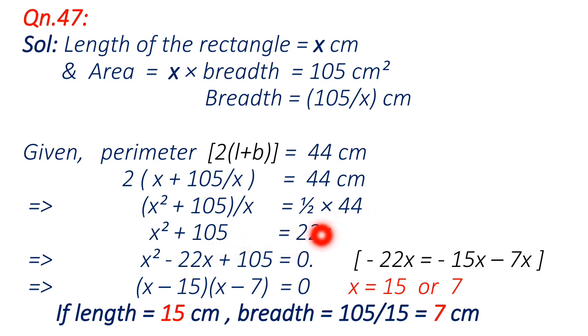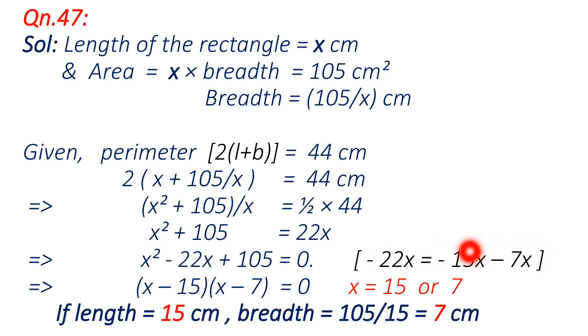When 22x is taken toward the left hand side, we have x square minus 22x plus 105 is equal to 0. Then this 22x can be broken like that. You have read those things in factorization, so remember that one. So 22 is broken as 15x plus 7x, and as it is minus 22, we write minus 15x minus 7x.